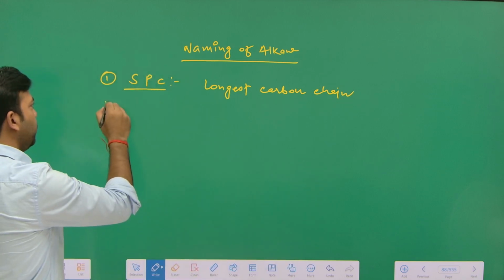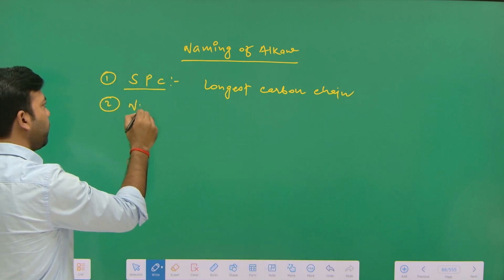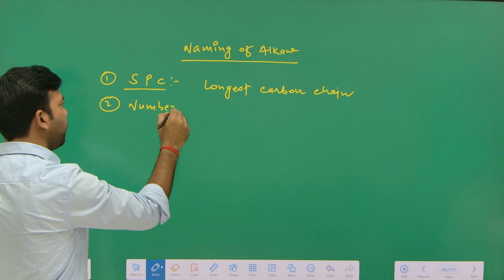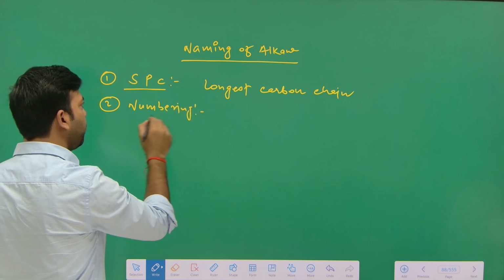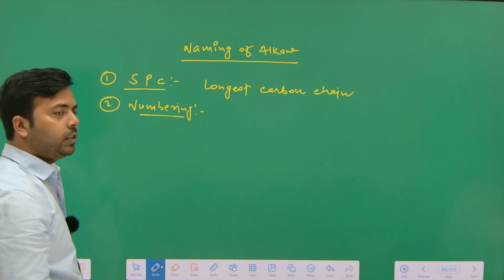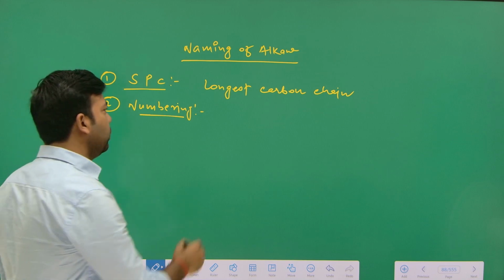Second is my numbering rule. So numbering always starts from that end where the branch gets the lowest number.